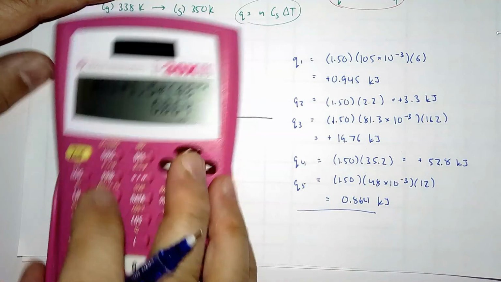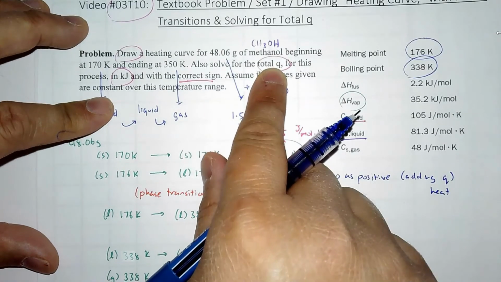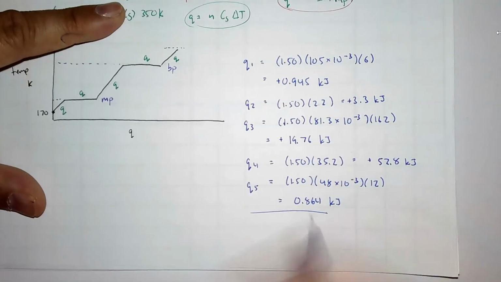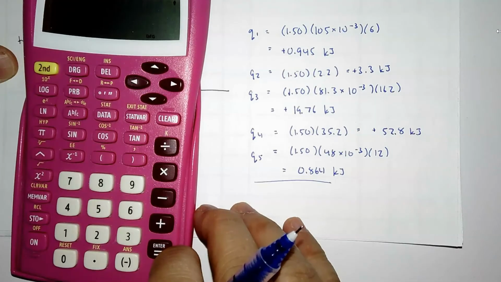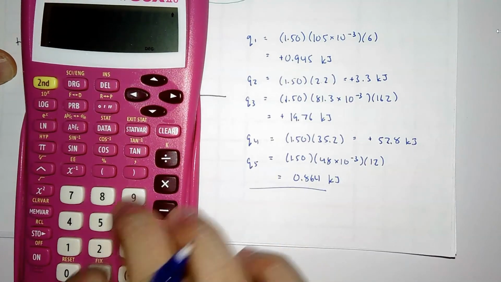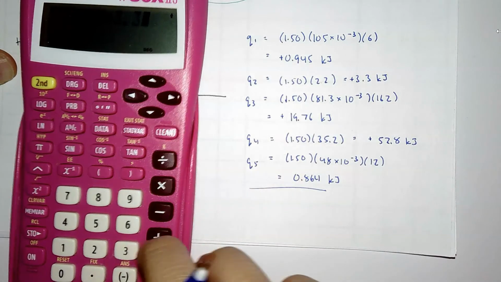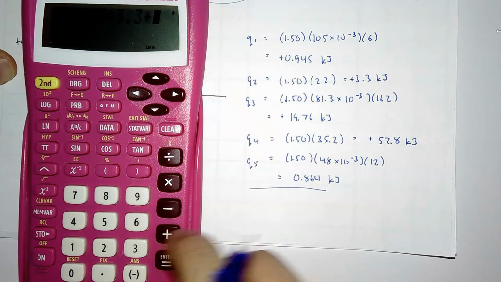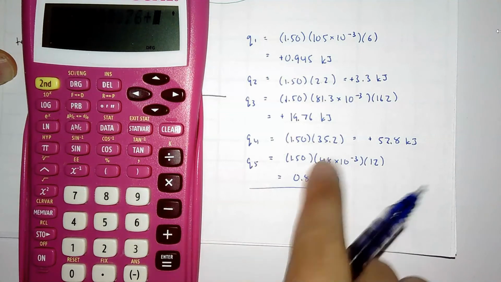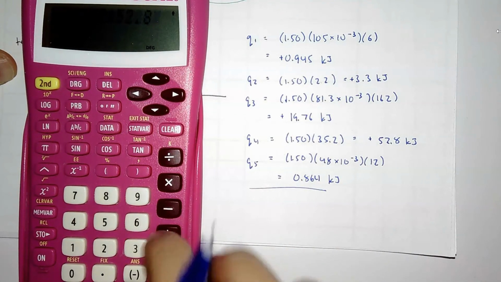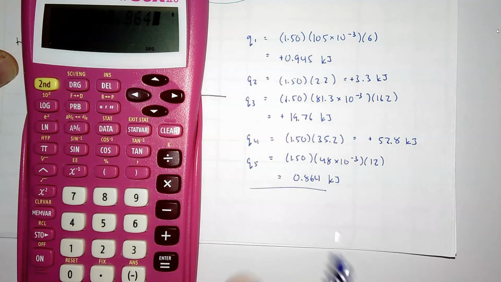They want the total Q with the correct sign. Let's do this. 0.945 for Q1 plus 3.3 for Q2 plus 19.76 plus 52.8 plus 0.864 equals.